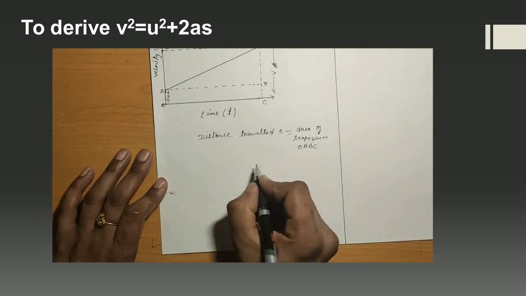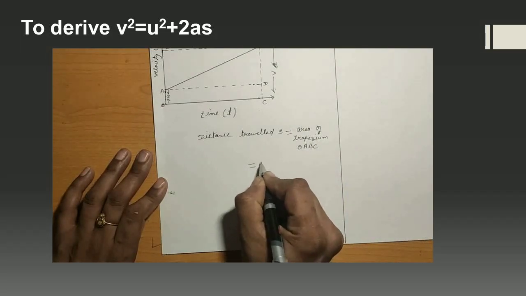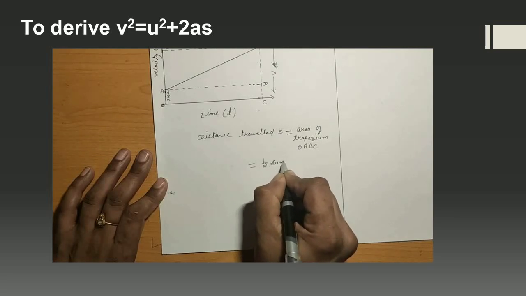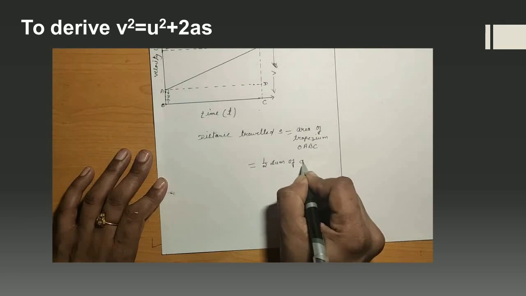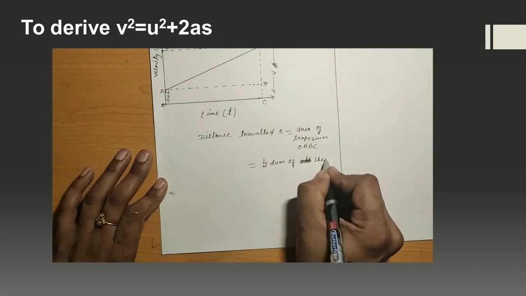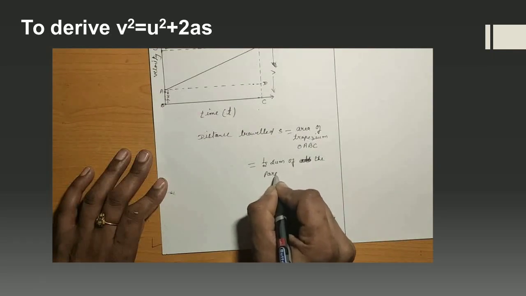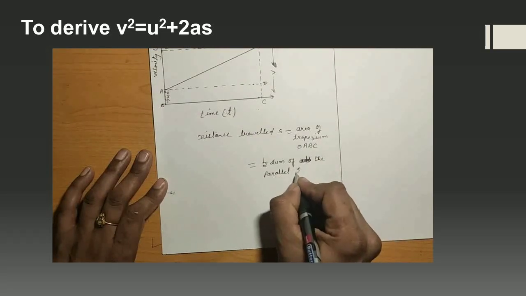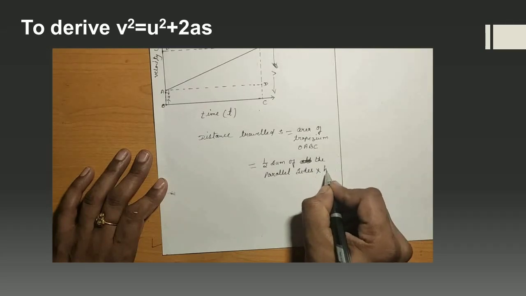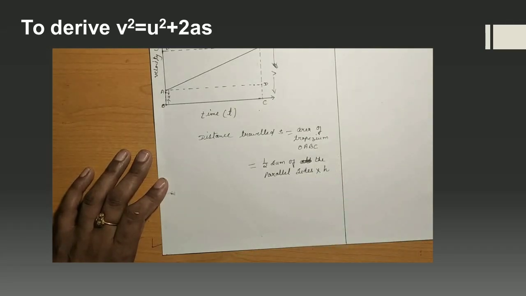What is the area of trapezium? Area of trapezium is half sum of the parallel sides into height. Got it?